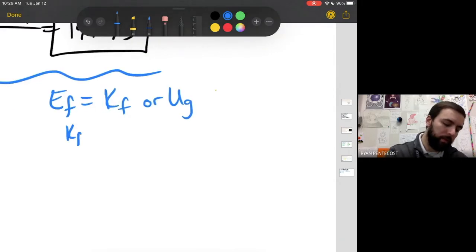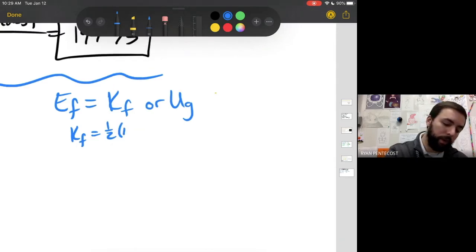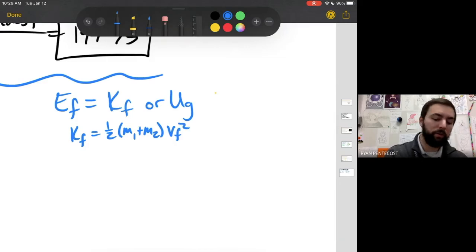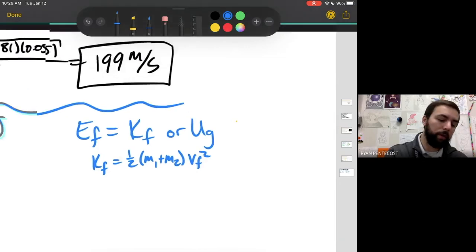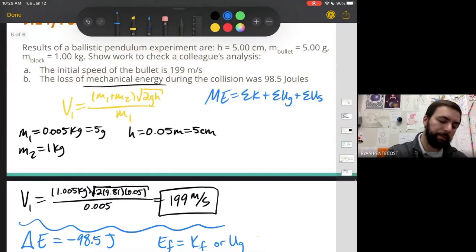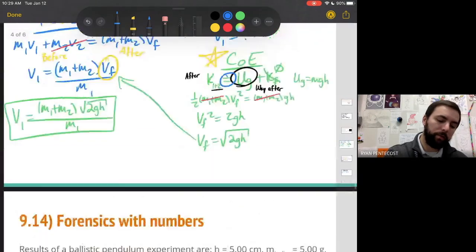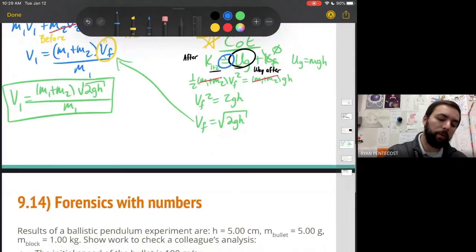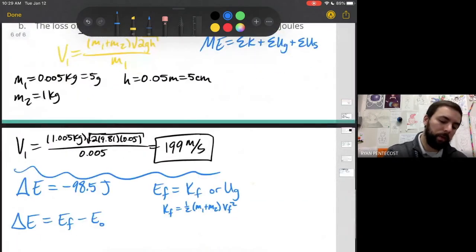The kinetic final would be 1/2. Remember, this is after the collision, so you've got the combination of masses times V final squared, and we just solved for V final, it being, what did we have? Oh, we actually didn't solve for that. It's square root 2GH, right?